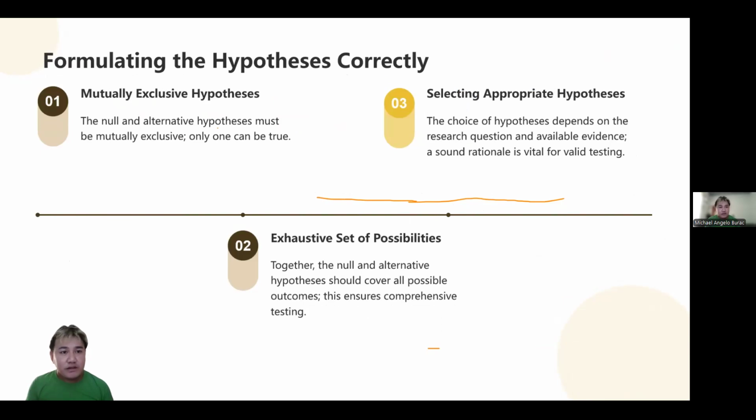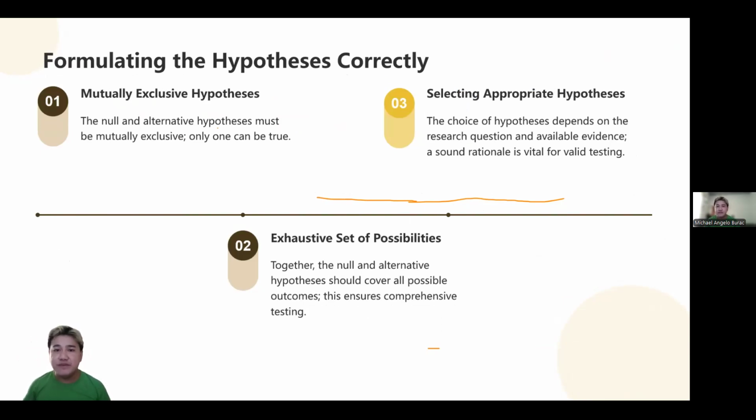But before we go to the example, because the null and the alternative hypothesis are contradictory, we must examine evidence to decide if we have enough evidence to reject the null hypothesis or not. The evidence is in the form of the sample data.